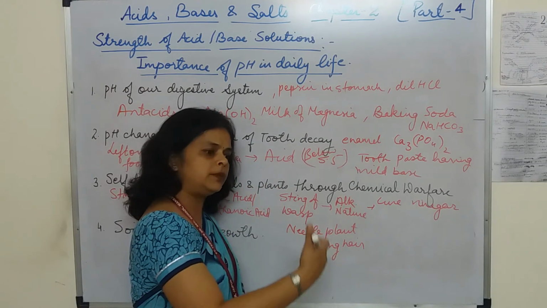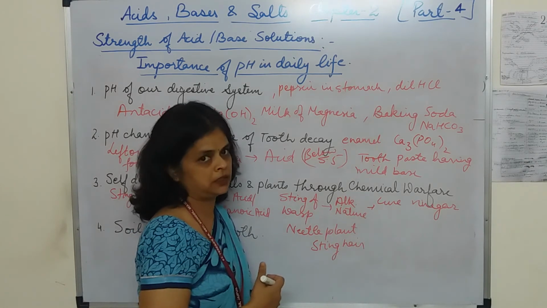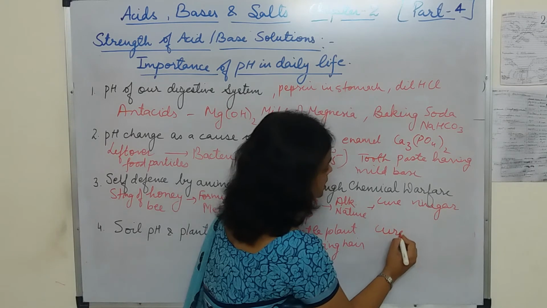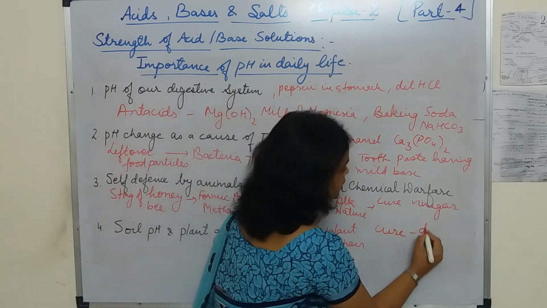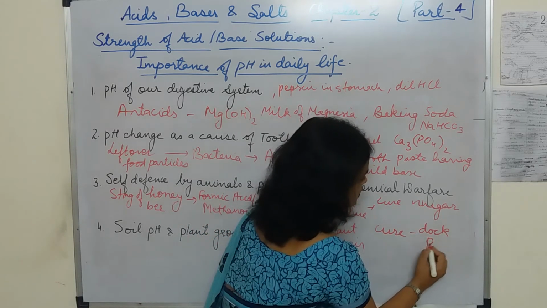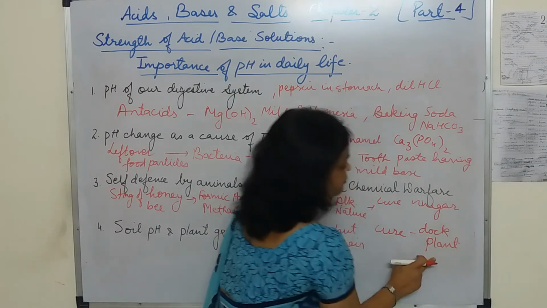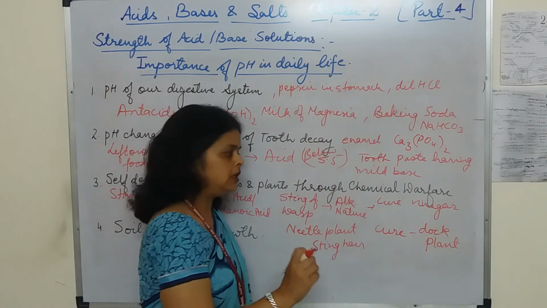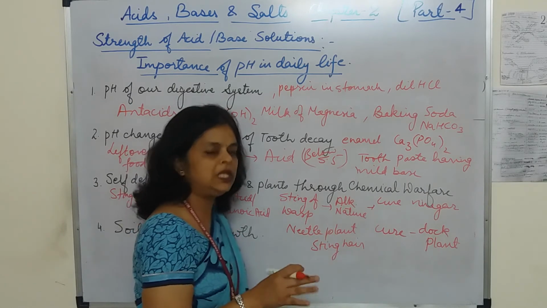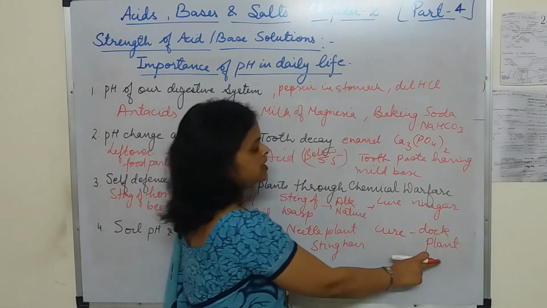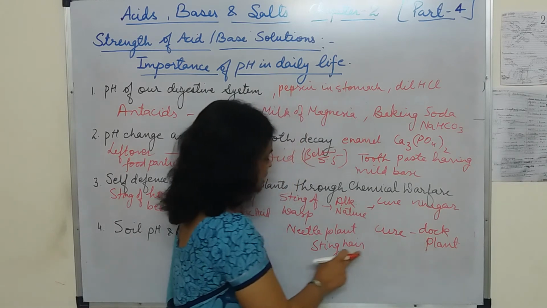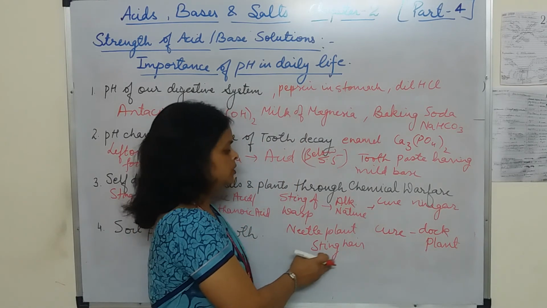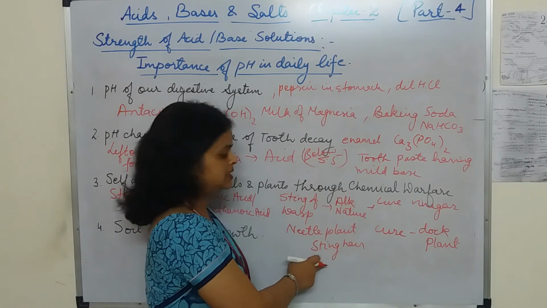Near this nettle plant, there is another plant, the dock plant. The leaf of that dock plant, I just write, cure for this, nature itself has provided the dock plant. If you rub the leaf of this dock plant on that area, then it relieves the person, because it has an alkaline nature, and it neutralizes the effect produced by the acidic nature of the sting hair.